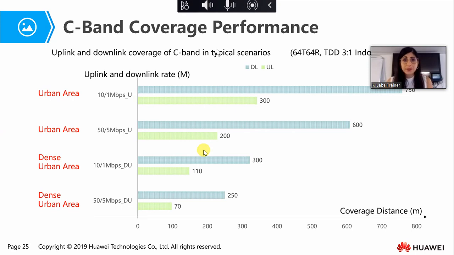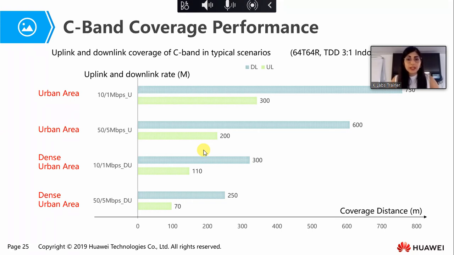And here, there is a description of the problem of coverage that we have at the C-band. We said at the C-band, we have a large portion of spectrum to be used for our 5G application, but we have an imbalance between uplink and downlink coverage.